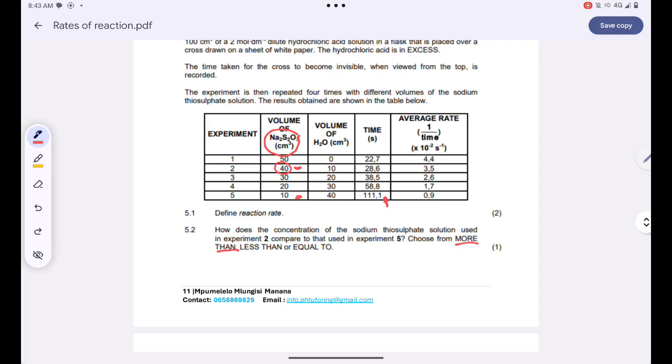Oh, so for 40 seconds, the average rate will simply be 2.5 times 10 to the power negative 2 per second. So this will be the average rate.